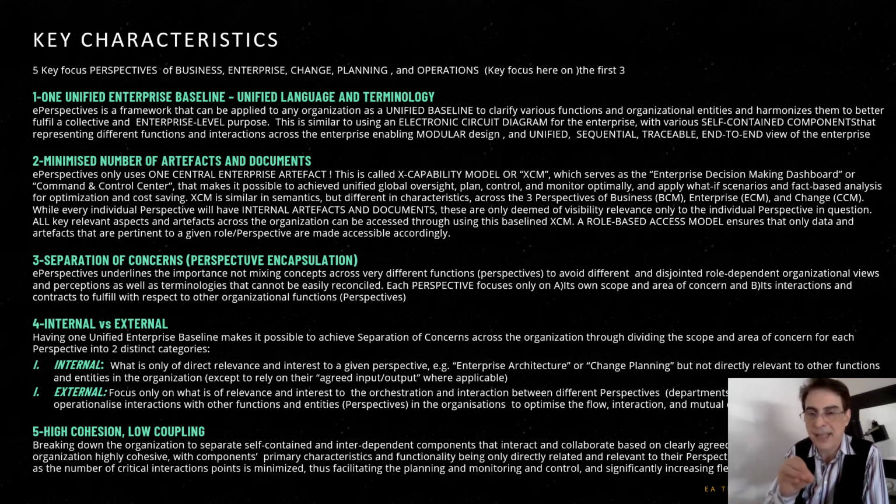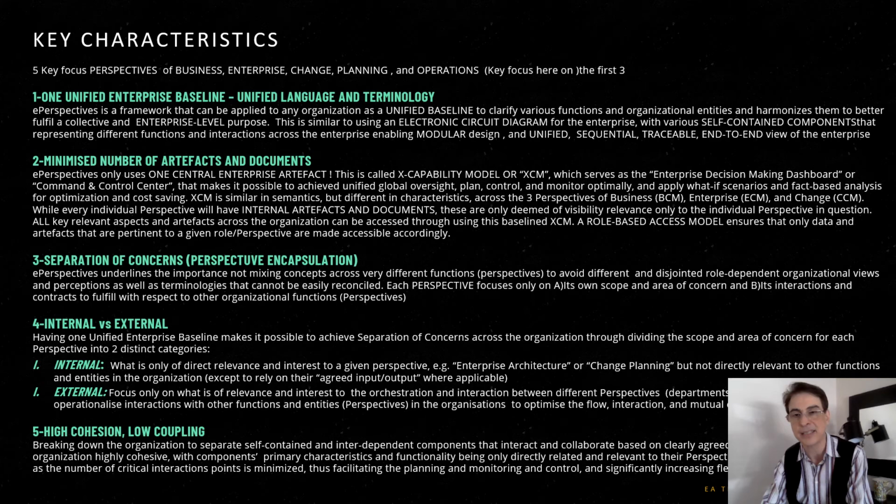The main thing is that they can liaise with the enterprise architecture function, which resides in the enterprise perspective, the orange perspective, and make sure that the validated outcome of their work is correctly channeled and fed into the XCM, in that case an ECM, an enterprise capability model, and nothing else that they did would be interesting for the rest of the organization to bother about.